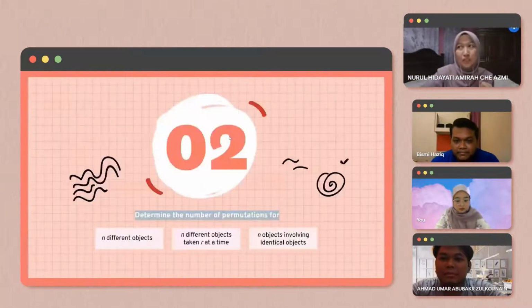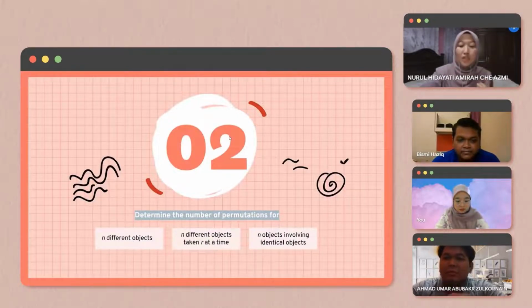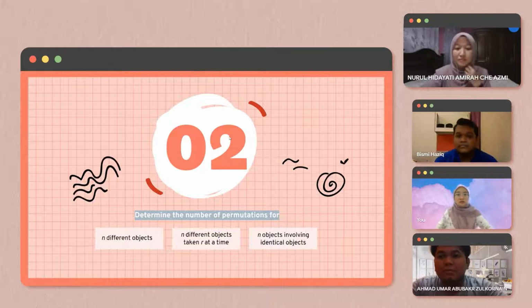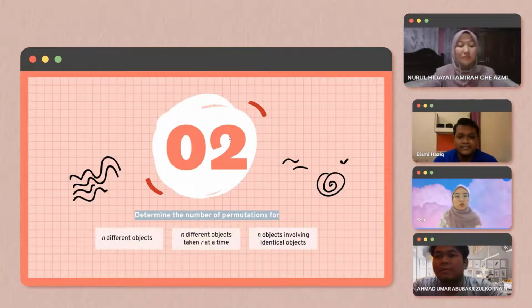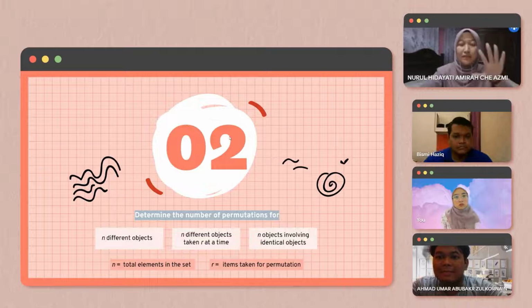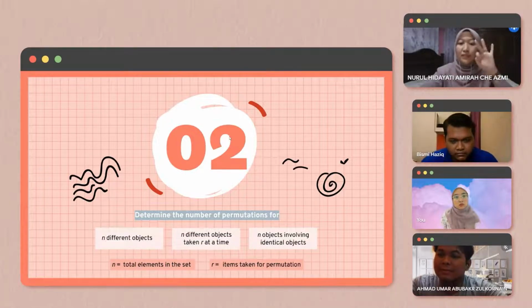Now we move to the next objective, which is to determine the number of permutations for 3 conditions. As I said just now, the n and r, I think maybe you don't understand, right? What is n and r? Basically, n is the total number of elements in the set. In the example just now, n is 5, since we have the iPhone, tablet and so on, 5 total elements in the set.